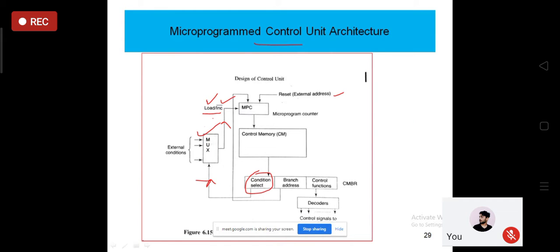Can you tell me, if the output is 1, which operation is going to happen? Can anybody tell? This line is written as load slash inc bar. Load is going to load something, and increment, in short, we are writing inc bar.